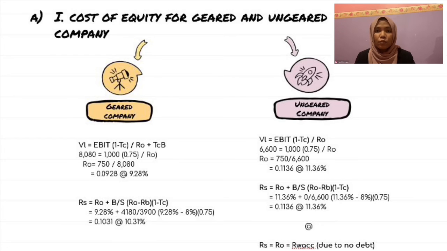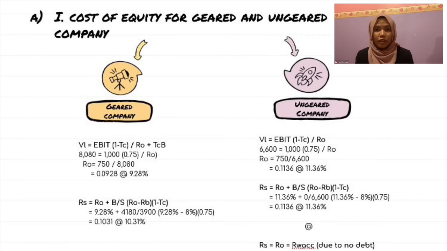We get 0.0928 or 9.28%. So for the RS, we have the formula of RO plus B divided by S multiplied by RO minus RB and multiplied by 1 minus TC, and we get 9.28% plus 4180 divided by 3900 and multiplied by 9.28 minus 8% and multiplied by 0.75, and we get 0.1031 or 10.31%.